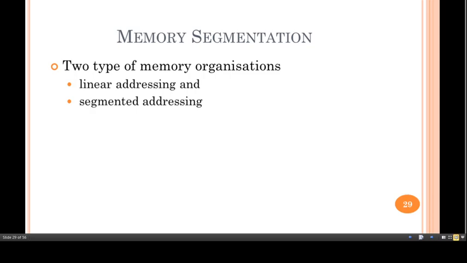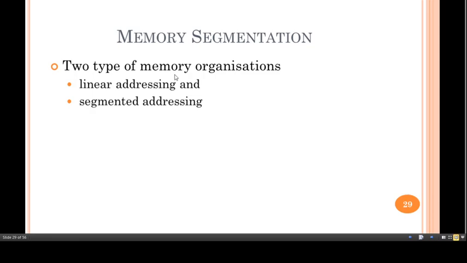Programs are nothing but a set of instructions which are stored in a sequential manner. On the other hand, data can be stored either sequentially or randomly at any location. So this memory is generally used to store the program and data.